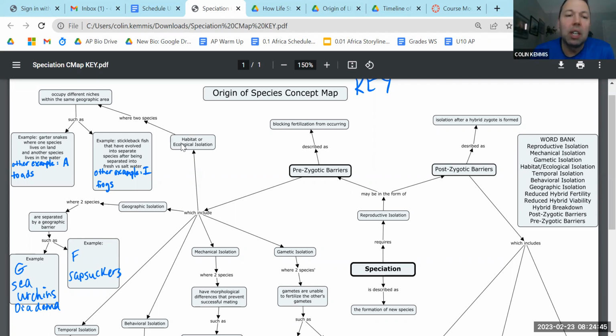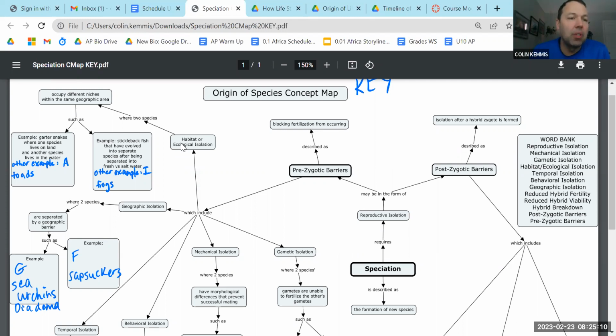That is usually here with the habitat or ecological isolation. They live in the same area, but they perform different roles, different niches. They can eat different things. They can live in different parts of a tree, like the top or the bottom, or otherwise separate and not competing with each other. So we call them different niches.